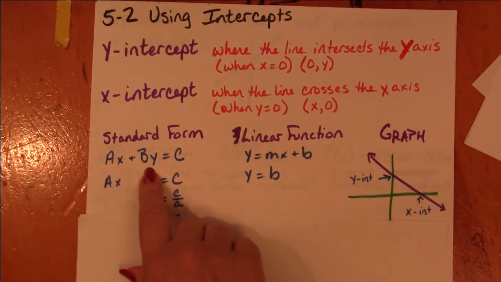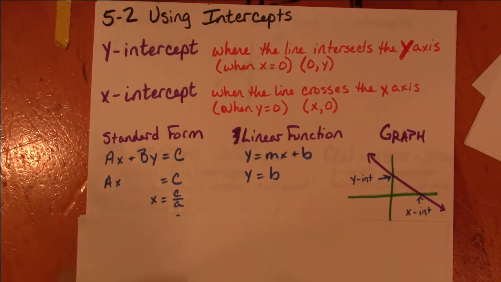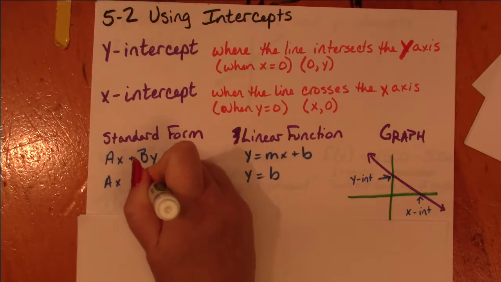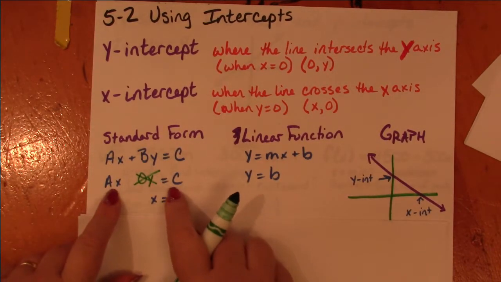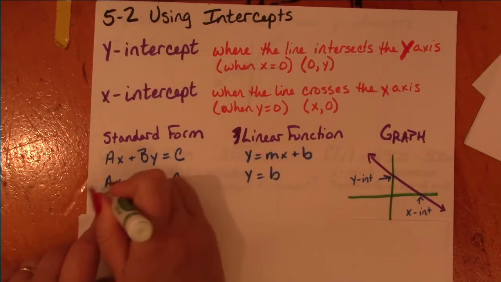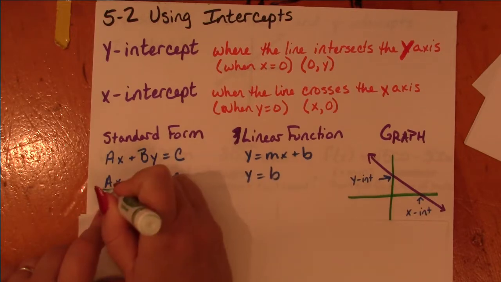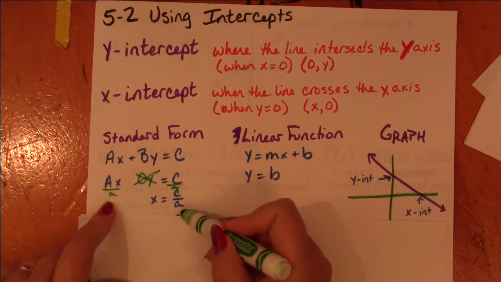So here we've decided that b equals 0, so it goes away. So all we're saying is ax equals c. And if we divide each side by a, x equals c divided by a.